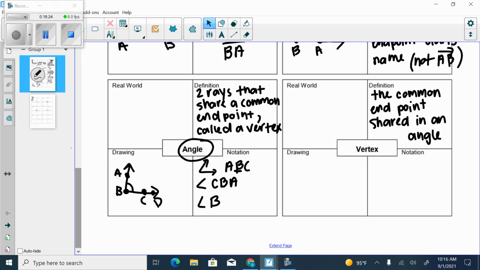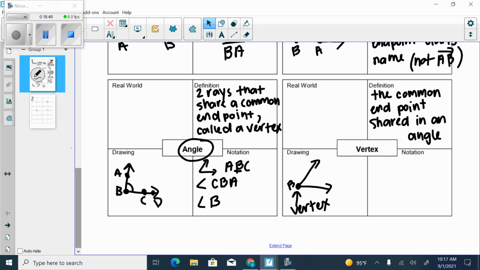All right, so an example of a vertex would have been like this drawing that we had over here. This point right here was the vertex, right? That specific given point. So that part is the vertex, not the whole thing. Okay?